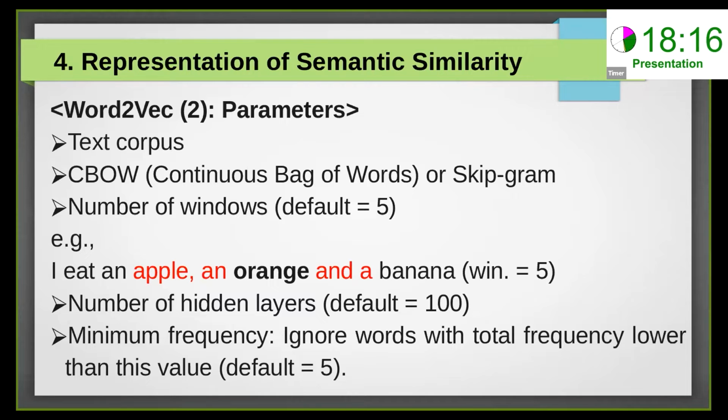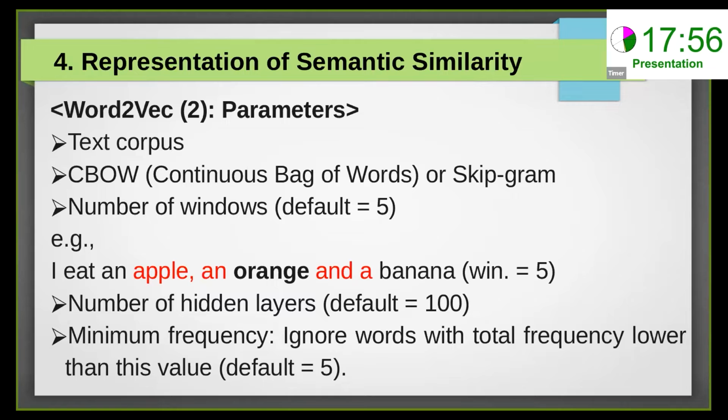And the Python library of Word2Vec gives 5 as a default, and I just simply take this default. And as for the rest of the parameters, I just simply take their default.